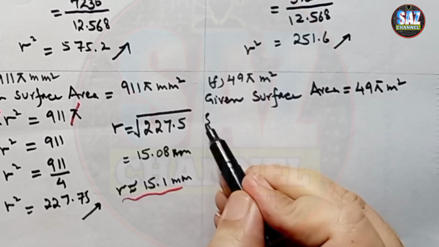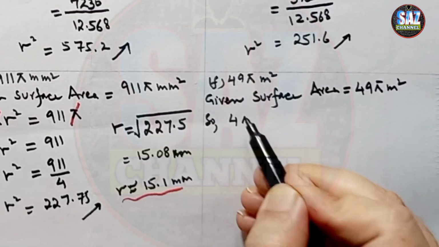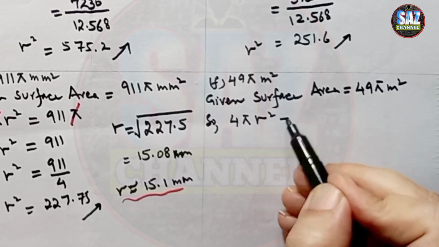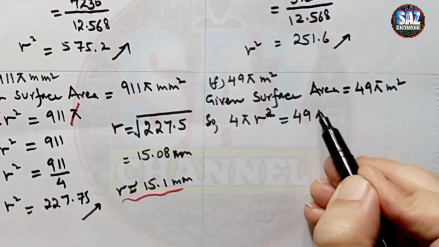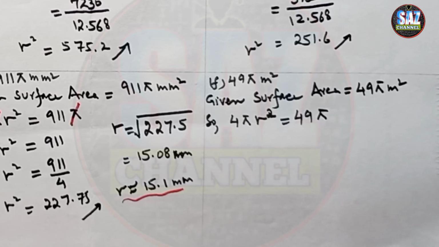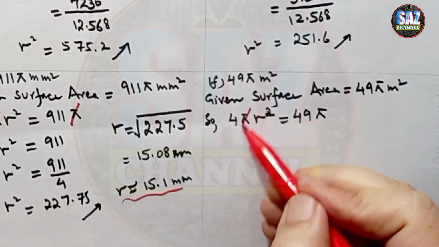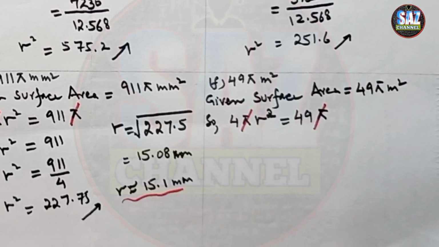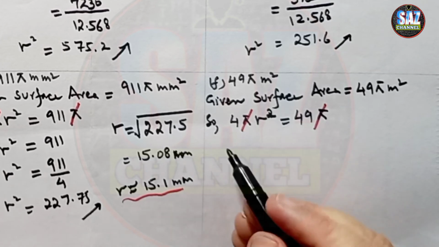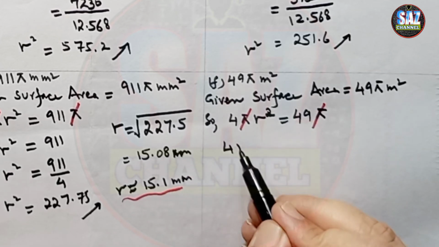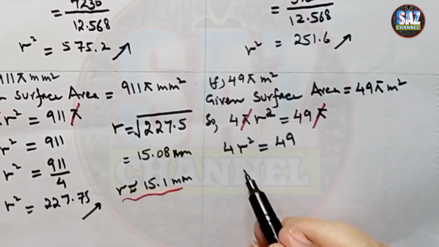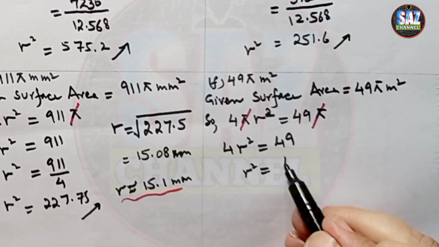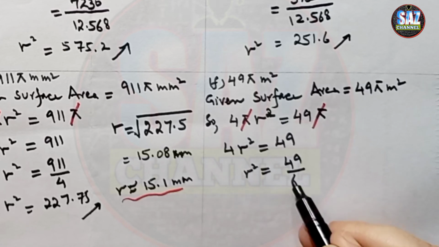So what we are going to do is 4 pi r square equals 49 pi. Again this pi I will be cancelling with this pi, and I will be left with 4r square equals 49, so r square equals 49 by 4.